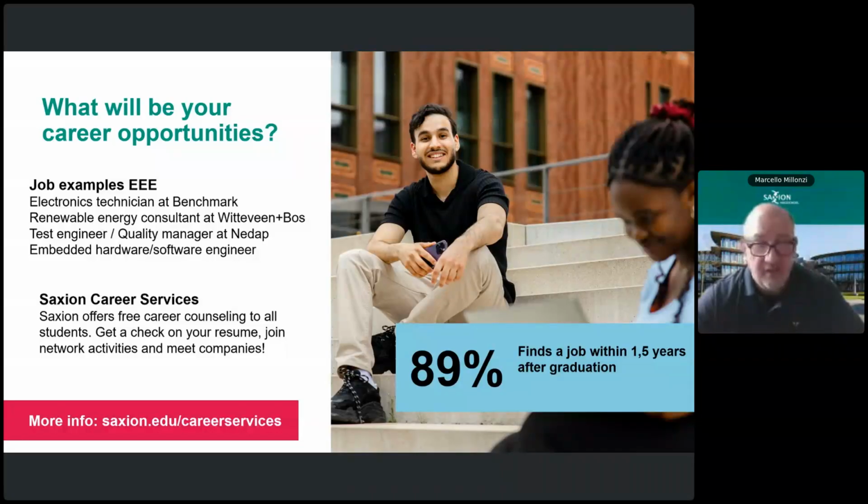So it is a really fun company to be at. A lot of opportunities there. Looking at that same percentage as we just did with HES, it's also around 90% of the graduation students finding a job within the first 1.5 years after they graduate.